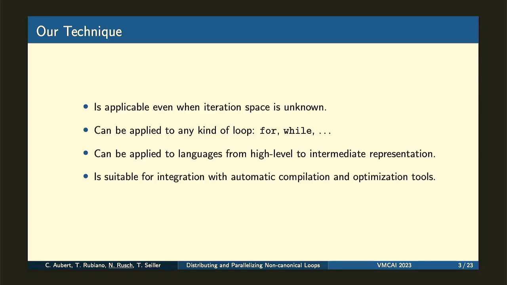So it's a loop-agnostic technique. Another thing is that it doesn't require a lot of structure from the program, which means that we can do this kind of transformation on a very high level, or you could go further down in your compilation chain and do it on an intermediate representation. And the last interesting property here is that this is fully automatic, so you don't need to annotate your program in any way.